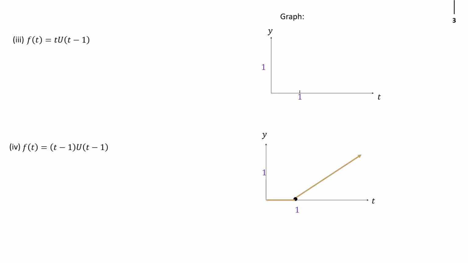Okay, the next one is f of t equals t u of t minus 1. Now we can see that beside u there is a t here.